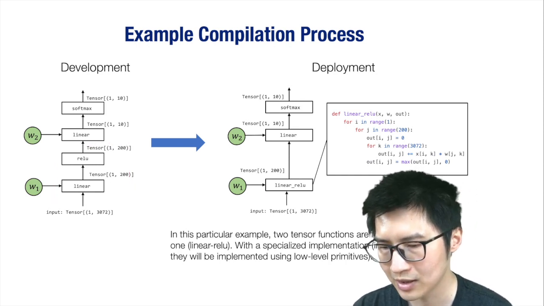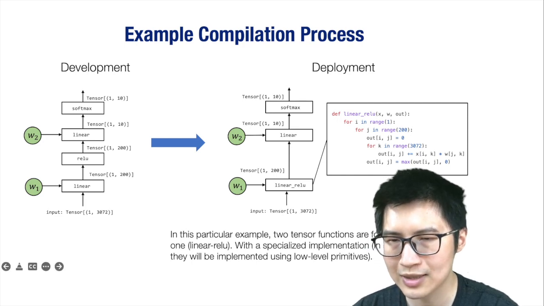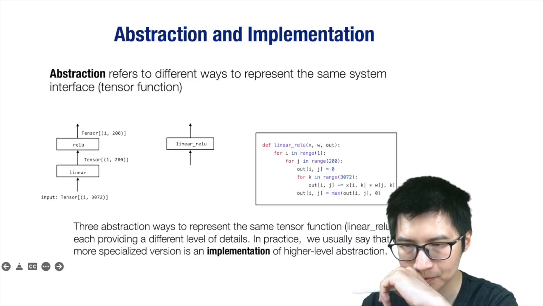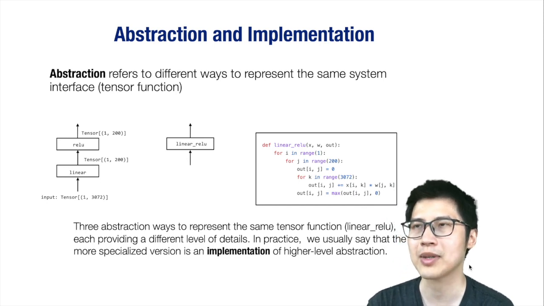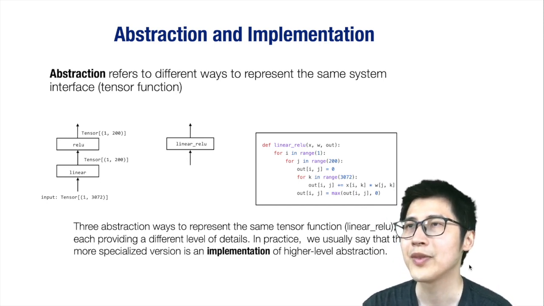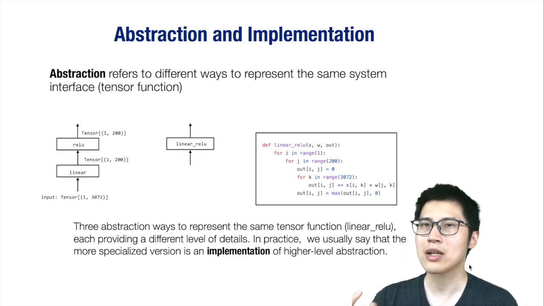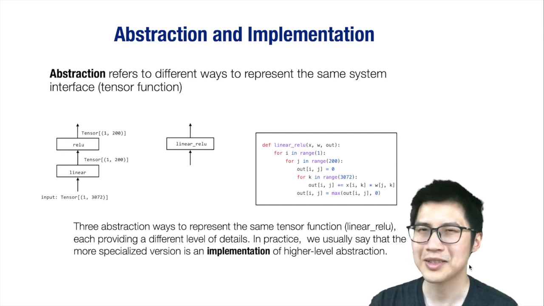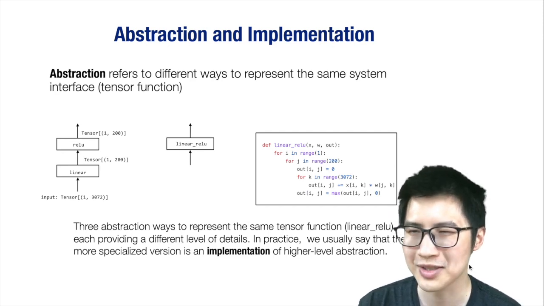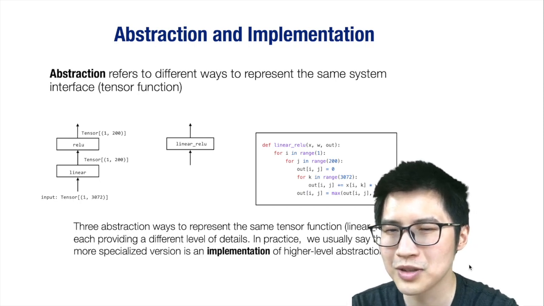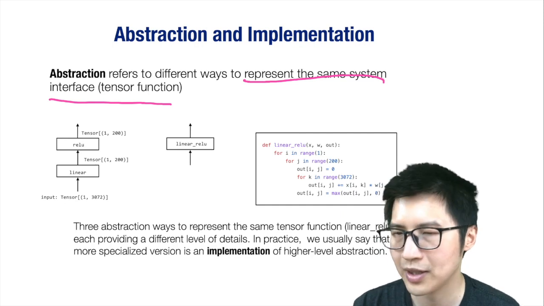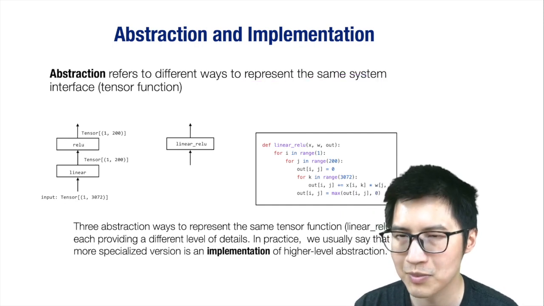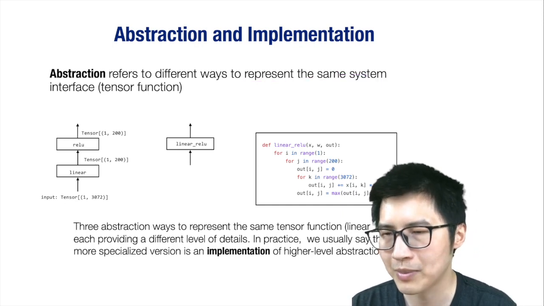Okay. One of the things that is really interesting here is that there are really different ways to express the same tensor function. This is a quite common concept in systems, which we call abstractions. Abstraction refers to different ways we use to represent the same system interface, or the same system implementation in a certain sense.